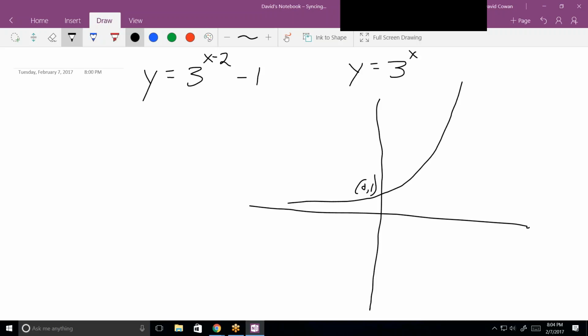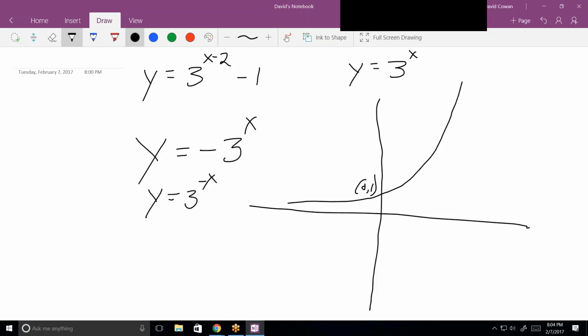If I said y equals minus 3 to the x, that negative sign is outside the function. That makes it a vertical reflection, or a reflection over the x-axis. But if I said y equals 3 to the minus x, that minus sign is inside the function.